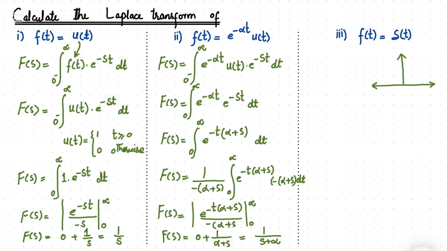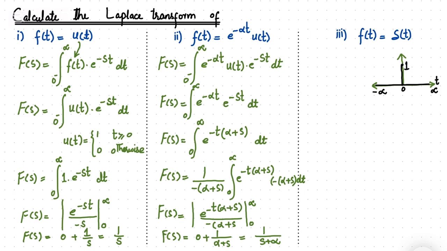Here I have sketched the axis, the impulse, amplitude 1 at t is equal to 0. This is t is equal to infinity and this is t is equal to minus infinity. So the amplitude is 0 from minus infinity to 0 minus and from 0 plus to plus infinity, and the amplitude is 1 when t is equal to 0.